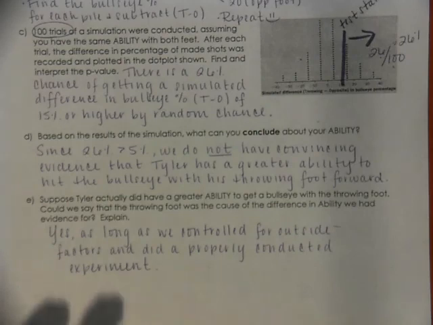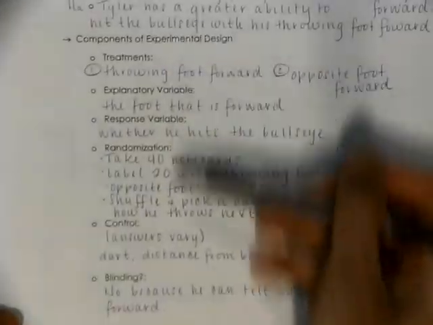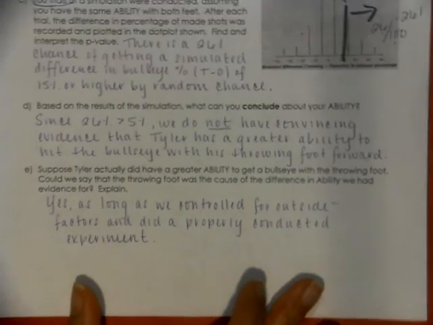And remember, that's what we did on the previous page. We designed this experiment, went through randomization, replication, control, okay? So yes, we had a properly conducted experiment, we can conclude a cause and effect relationship. Okay?